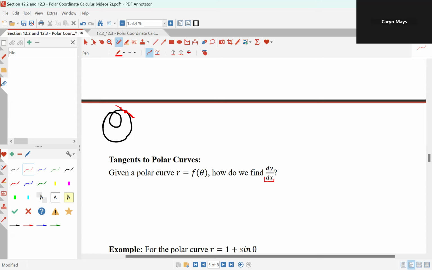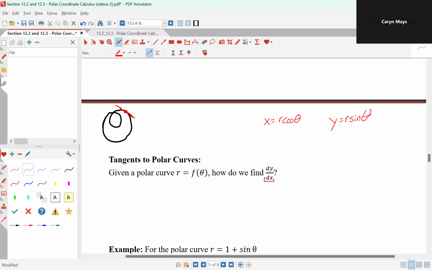Now, how do we find that tangent line back in our Cartesian coordinate system? A reminder from previous sections, to convert between polar and Cartesian, we have the equations x equals r cosine theta and y equals r sine theta.